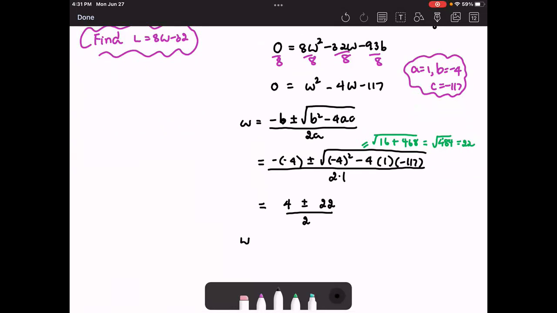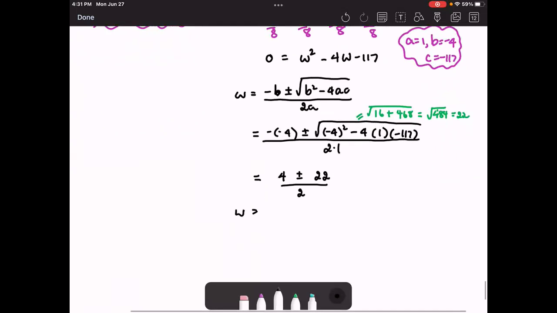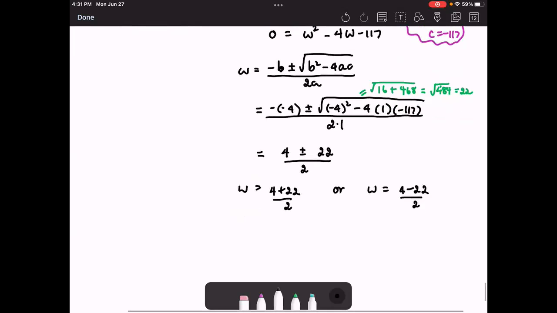So then W will be in the form of 4 plus 22 divided by 2 as one solution. The other solution is W equals 4 minus 22 divided by 2. Simplifying further, the first solution is 26 divided by 2, which is 13.